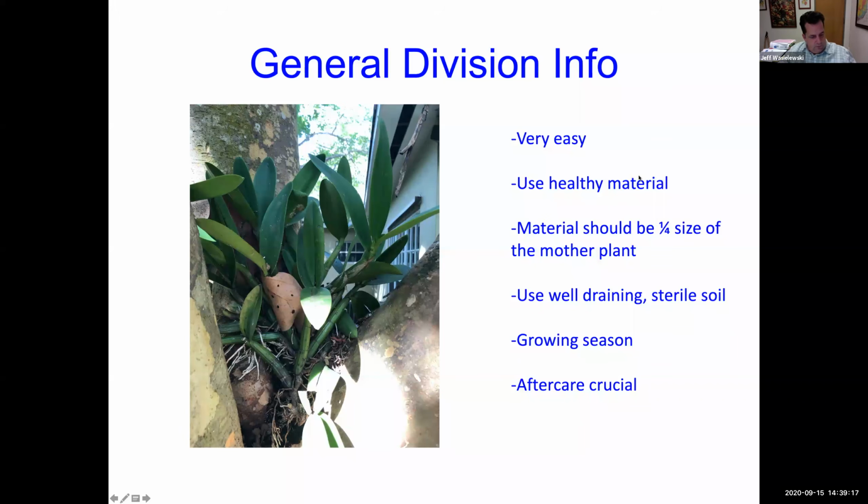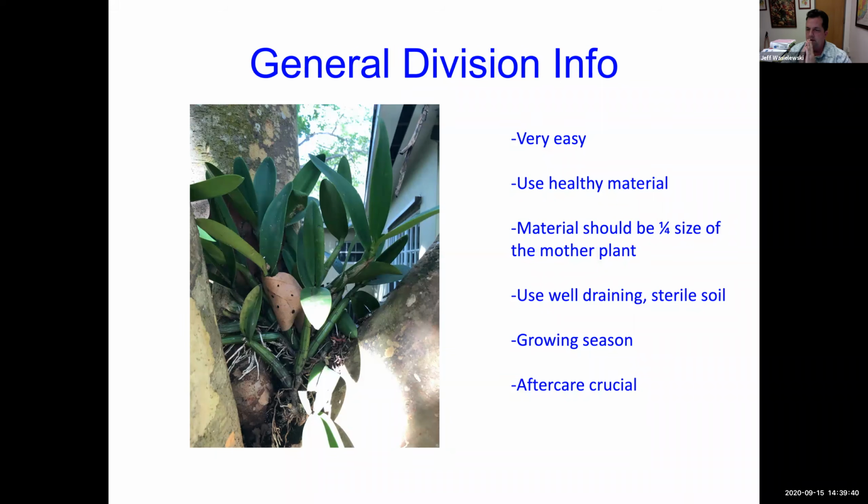Okay, so general division information, as you saw, and we're looking at the left here, we're looking at another orchid that we could divide. Division is very easy. You're going to use healthy material. Material should be 1/4 size of the mother plant, 1/4 to 1/3.